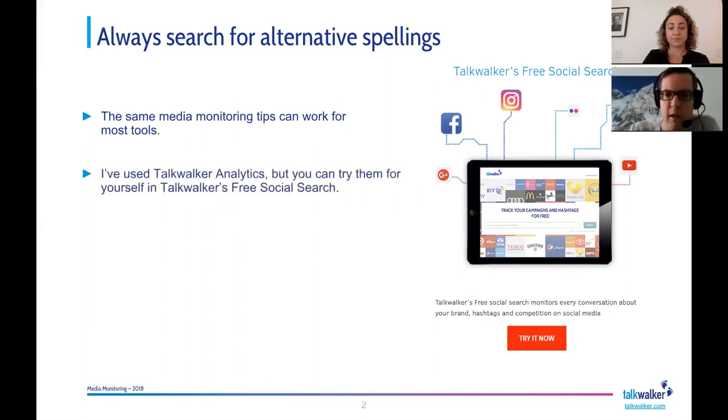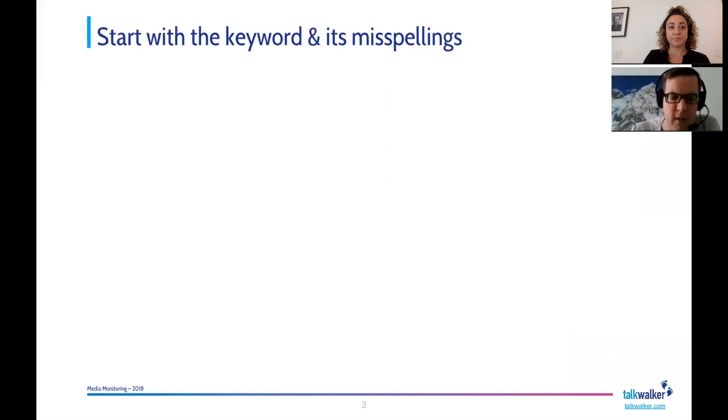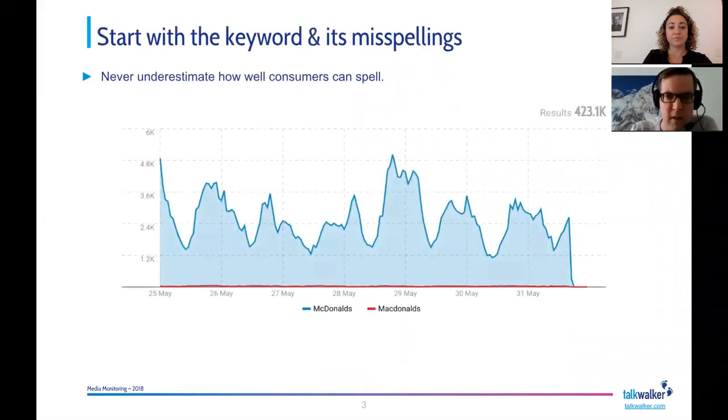Now, for some of these examples, I've used our main TalkWalker analytics tools, but a lot of the suggestions here you can also use within our free search and quick search tools as well. Now, one of the big things worth looking at when you're looking into your social media monitoring is never underestimate how well consumers can spell. So, for example, a bigger brand like McDonald's, 2 examples that I found is the right way of spelling it and the wrong way of spelling it.